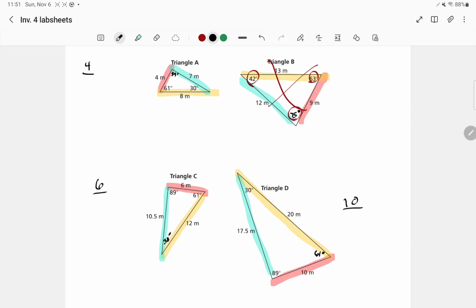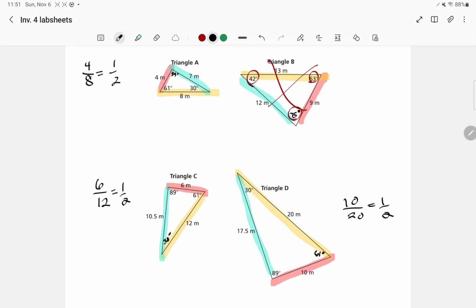And let's compare it to the largest, which I highlighted in that orange-yellow color. That would be 8, 12, and 20. Now let's look at these ratios. You notice they all simplify down to 1/2, meaning they are all similar to each other.